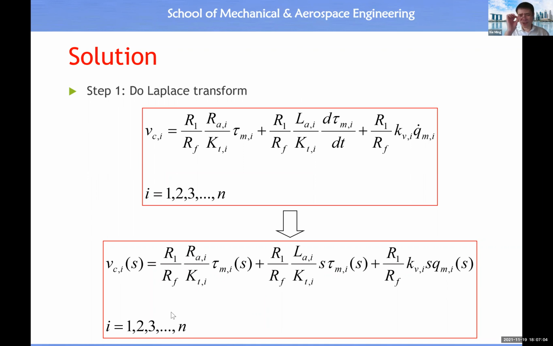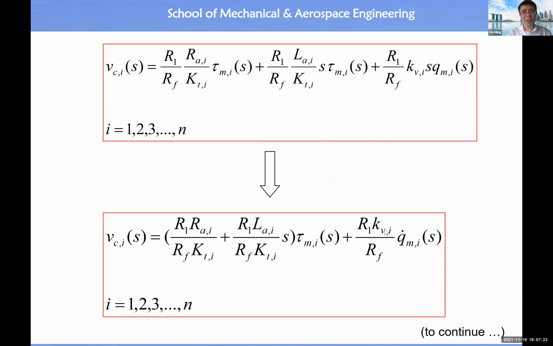Okay. So you focus your attention on the signal in the frequency domain, this one. And this is the signal about the torque. Then behind this signal, we have the mechanical energy. Okay, then this one. All right. So then we continue. What we do is we merge these two together because here you have a tau ms, and you have another tau ms. Okay, and pay attention: i here means you have n such motors or controllers or power amplifiers, i equal to 1, 2, 3, all the way to n.